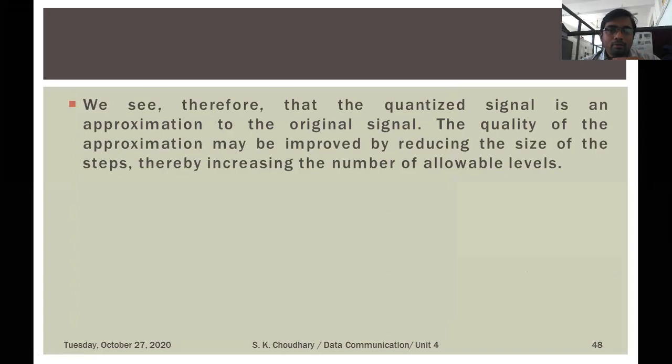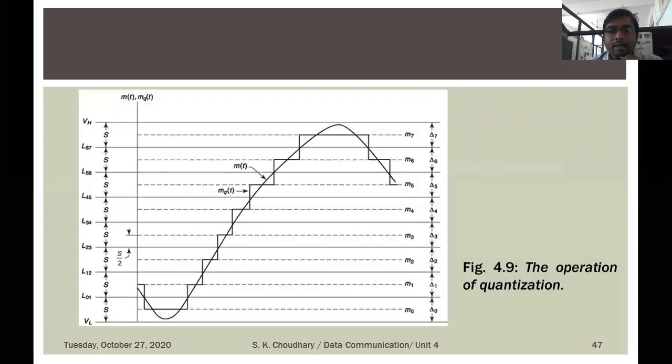So we can see that the quantized signal is an approximation of the original analog signal, and the quality of the approximation can be improved by reducing the step size. Here we have taken m equal to 8 only. But if you increase it to 16, 32 and so on, the number of quantization levels increases, so the step size decreases.